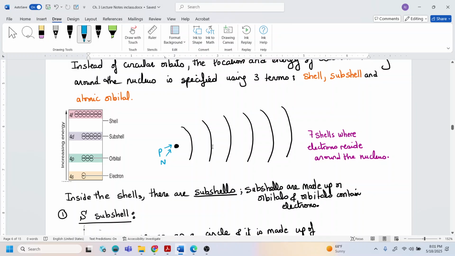So how are electrons oriented around the nucleus? Electrons orbit the nucleus in shells, and these are the shells in there.